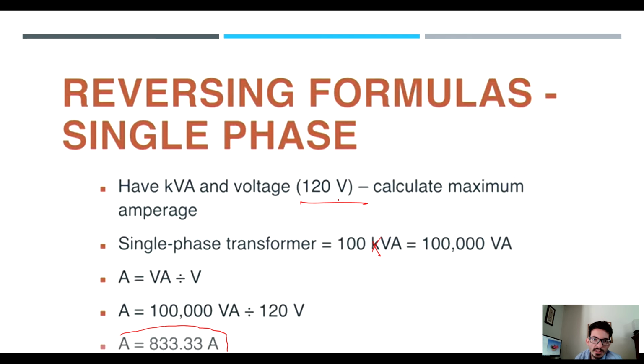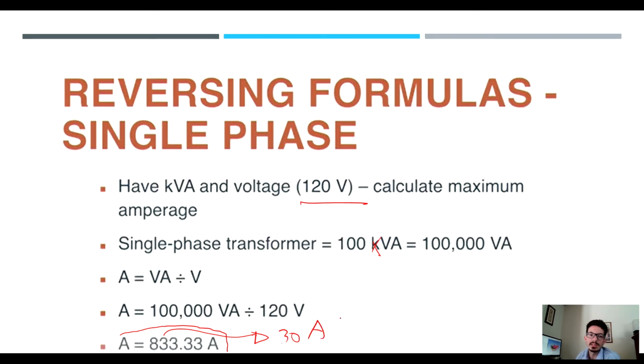So this 120 VAC is the same voltage that you get at your house. This is not necessarily a lot of voltage, but this is a lot of current. In your house, you will get a maximum of 30 amps.